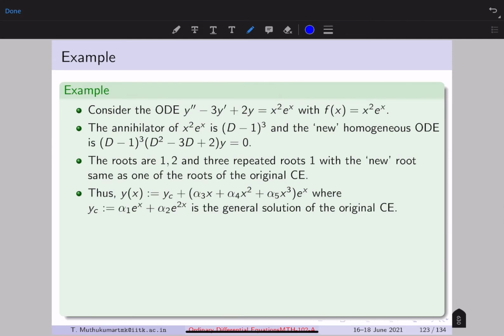So you have yc which has e power x and e power 2x, then you have x e power x, x square e power x, x cube e power x. So here the undetermined coefficients are alpha 3, alpha 4 and alpha 5. These are the 3 things which we need to find.